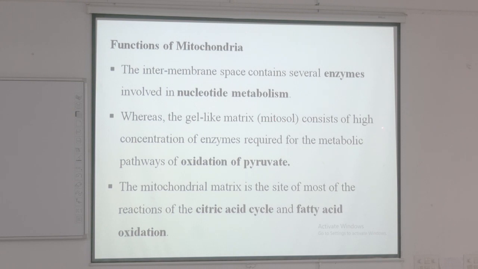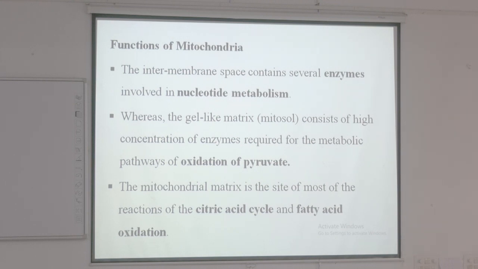The gel-like matrix contains a high concentration of enzymes required for the metabolic pathway of oxidation of pyruvate. My question is, how does this pyruvate come? Very good, by the glycolysis cycle.